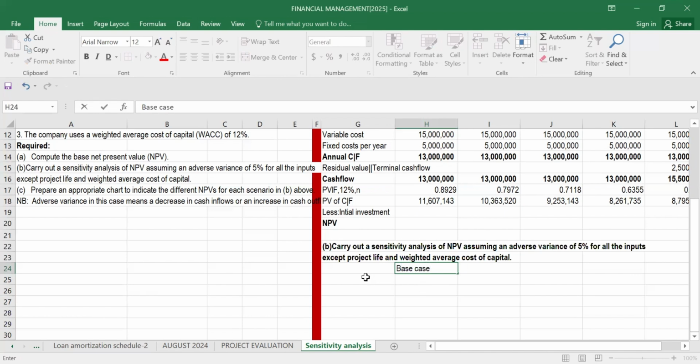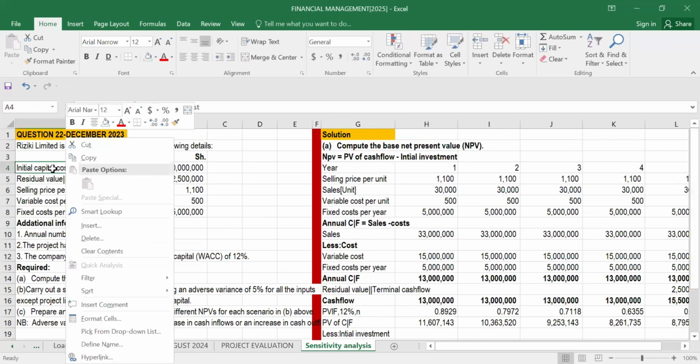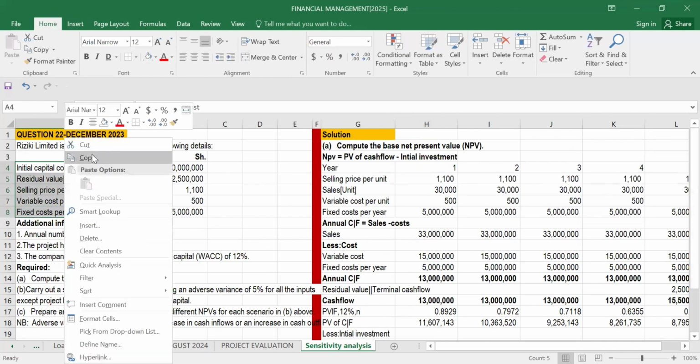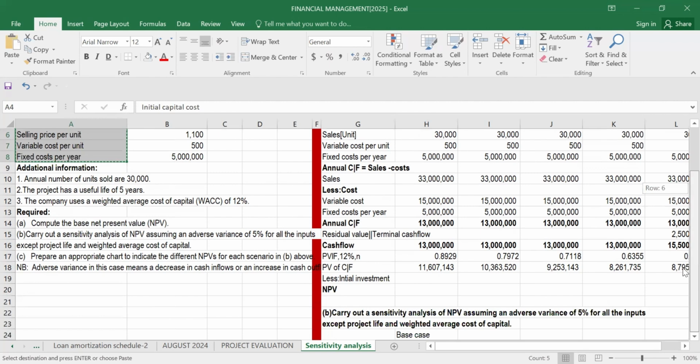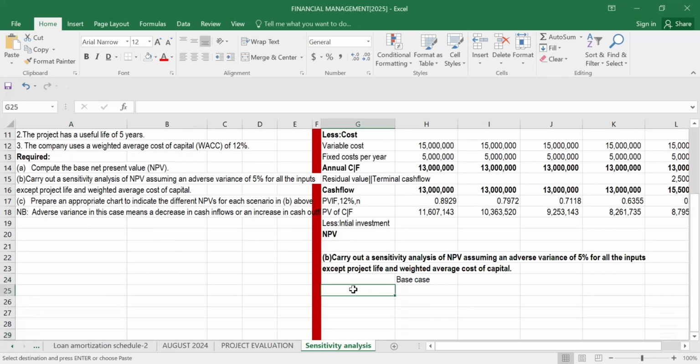And after that, you're going to have all the variables affecting the NPV. Which variables affect the NPV? We have a number of them. We can pick all these variables the way they are and just paste them here. So we have the initial cost.